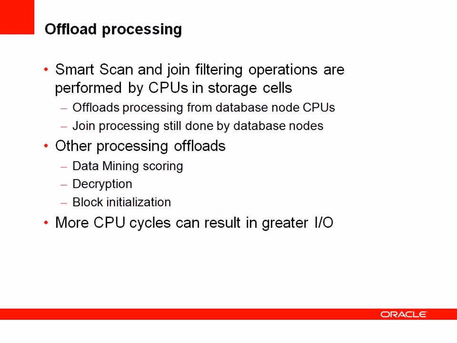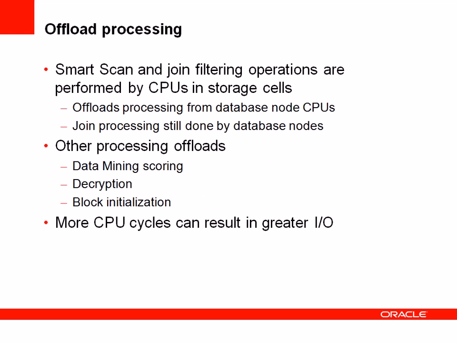That block initialization is offloaded to the CPUs in the Exadata storage server. So these operations, which can have a noticeable impact on performance at different times, are now almost instantaneous because metadata is sent to the storage server, control is returned back to the database server, and the initialization is done by the CPUs in the Exadata storage server.